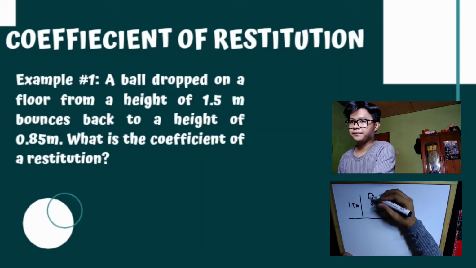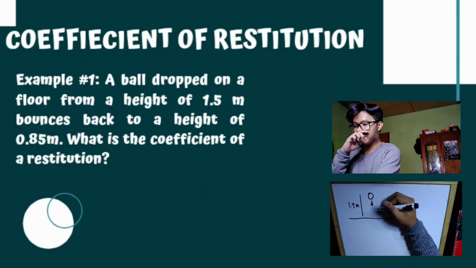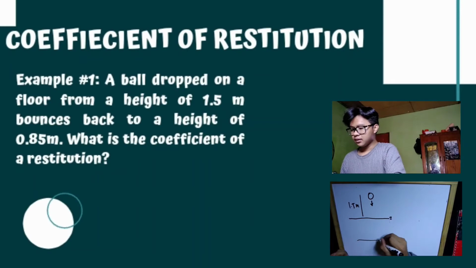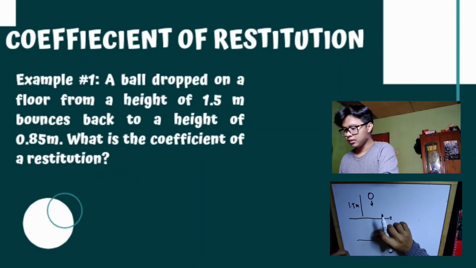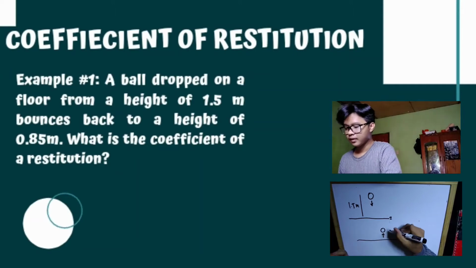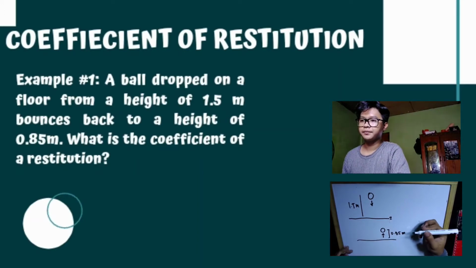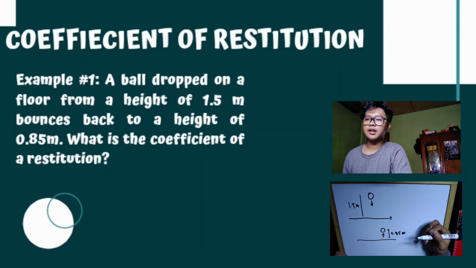Then pababa siya. So after mag-bounce, the ball goes up. And the height is 0.85 meter.